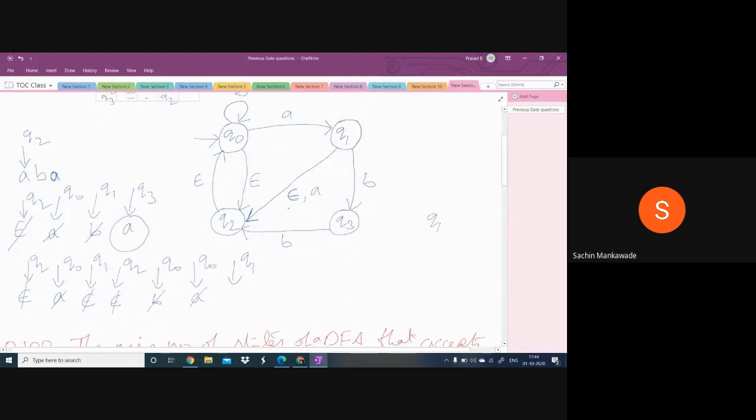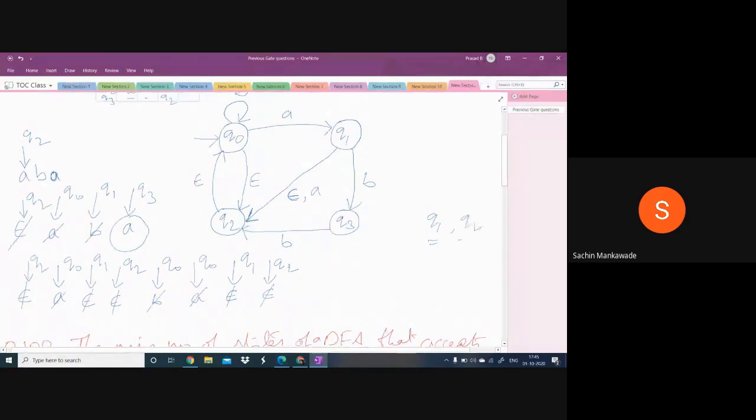Okay, and in Q1, the machine can stop or it can take epsilon. In Q1, it takes epsilon, and then it can come to Q2. In Q2 again, it may remain in Q2 or it may take epsilon. See, are you following? In Q1 on epsilon, it comes to Q2. So the machine can stop in Q2.